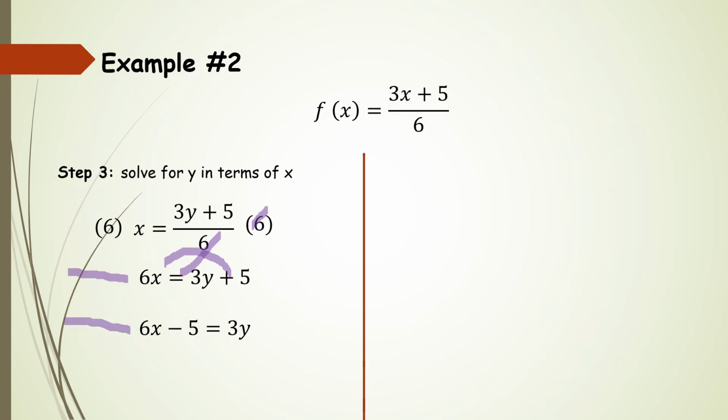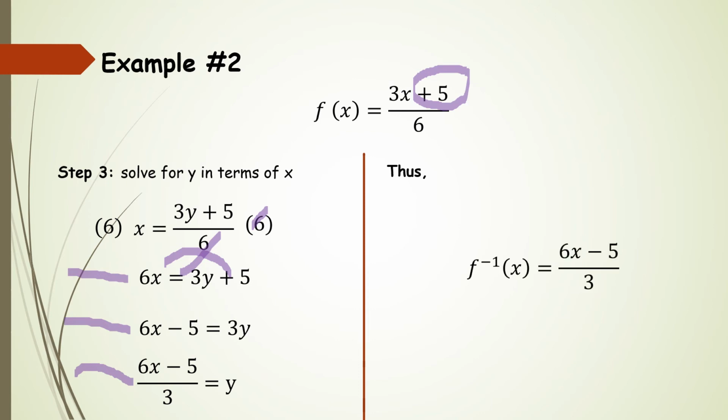At ito naman yung ating nasa second step, which is kukunin natin yung inverse ng ating second given operation na plus 5. And dividing both sides by 3, we have 6x minus 5 all over 3 is equal to y. At ito naman yung makikita mo sa step 3 ng ating solving inverse intuitively. Thus, the inverse of f of x is equal to 6x minus 5 all over 3, which is pareha lang din nung nakuha natin kanina.